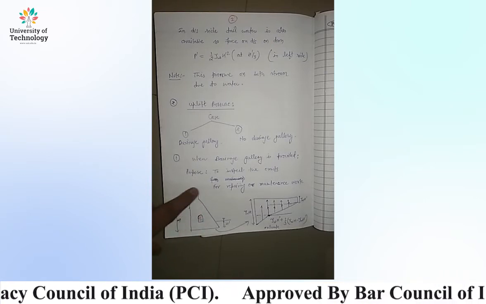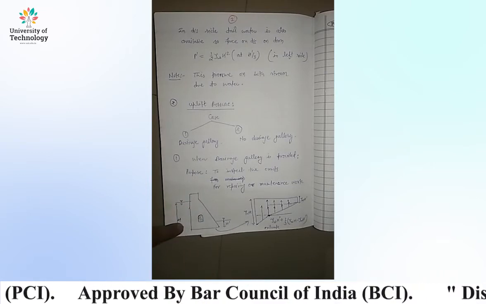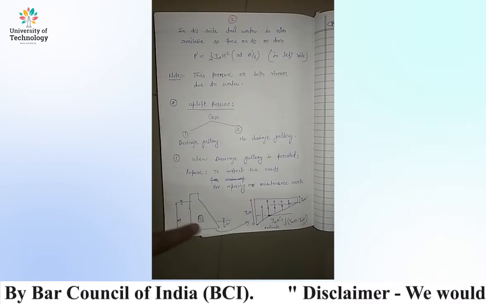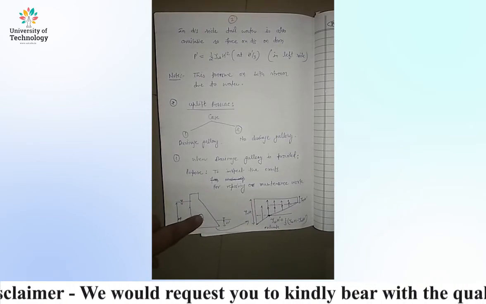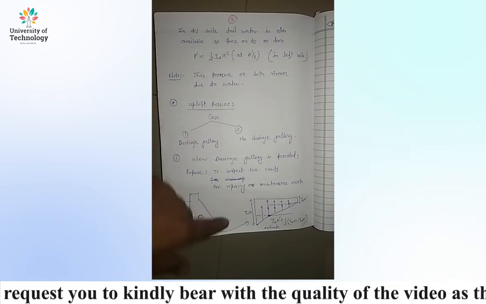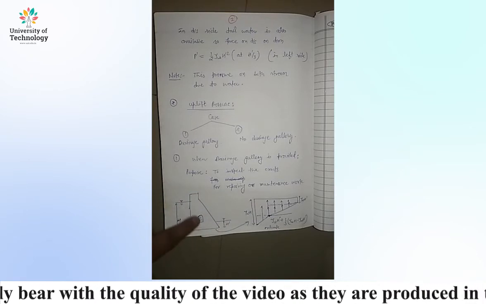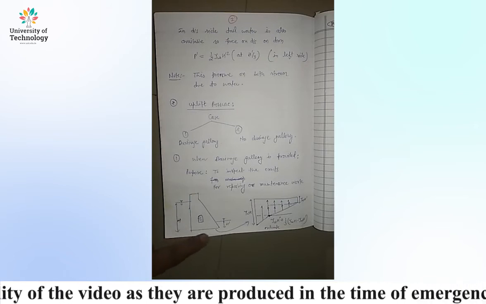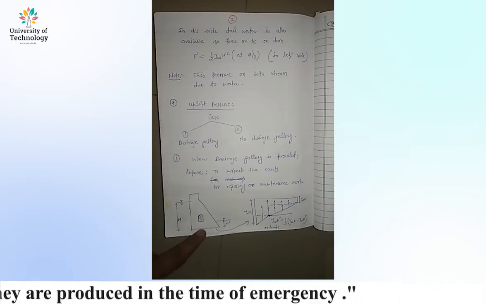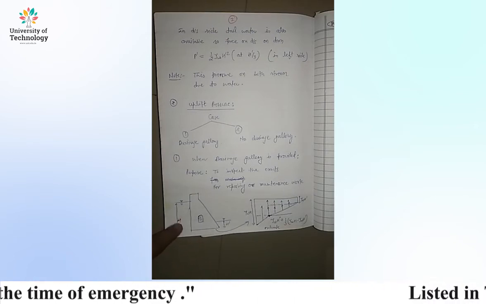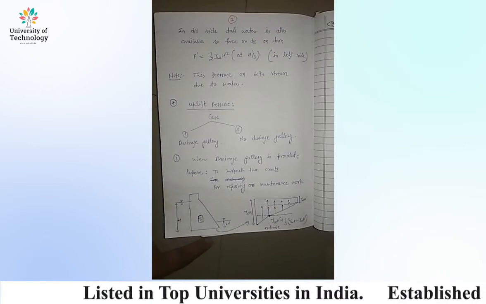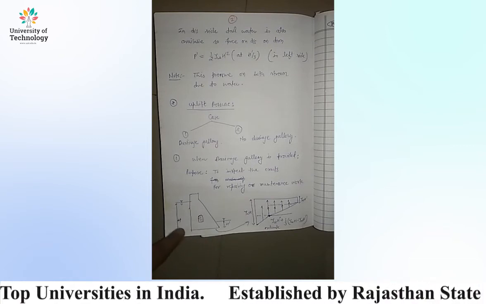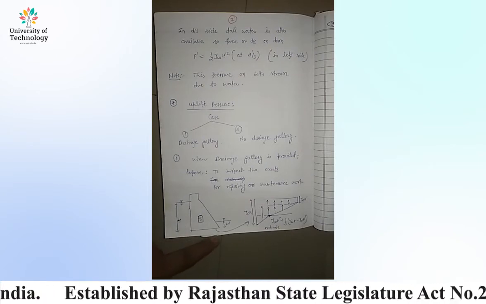So this is the cross section of the dam, with H dash and H the heads available on the downstream and upstream sides. The gallery is provided here, and uplift pressure acts through the bottom part of the dam because of the water which seeps from upstream to downstream through the bottom.